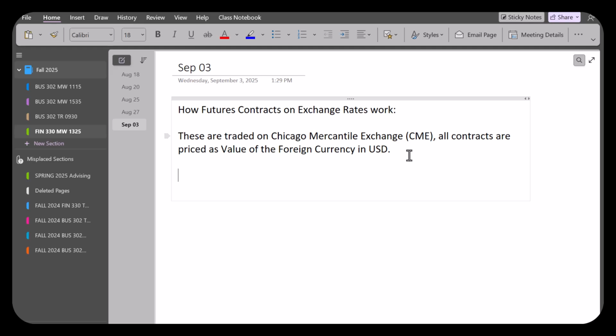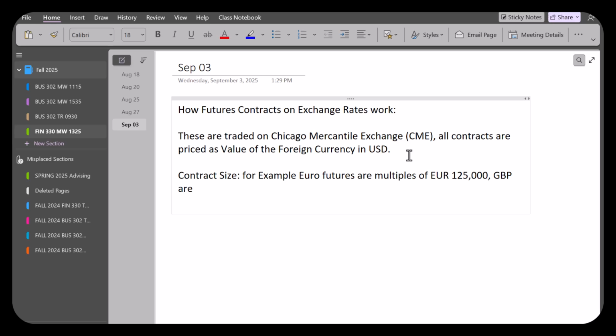Now, what are certain things? One is contract size. This varies from contract to contract. For example, Euro futures are multiples of 125,000 euros.